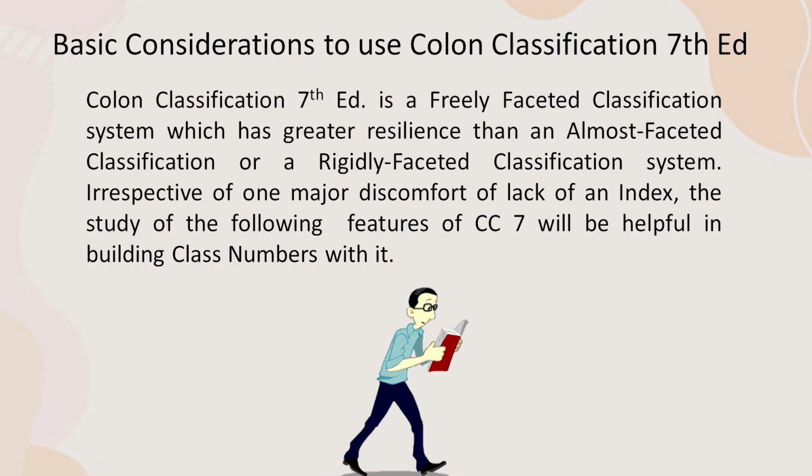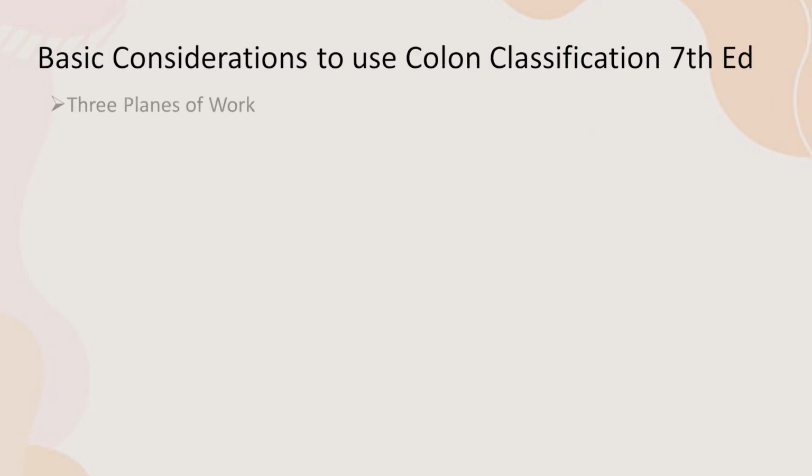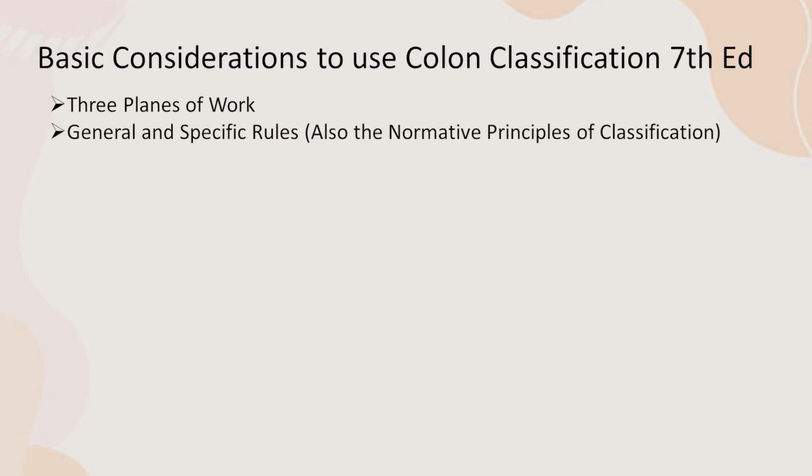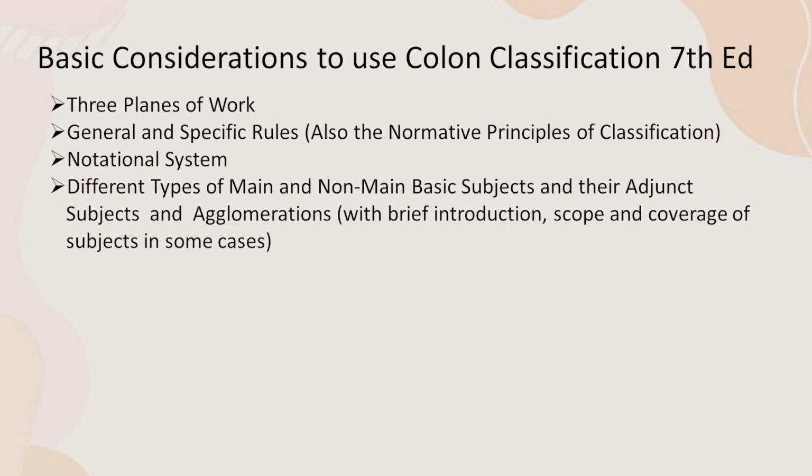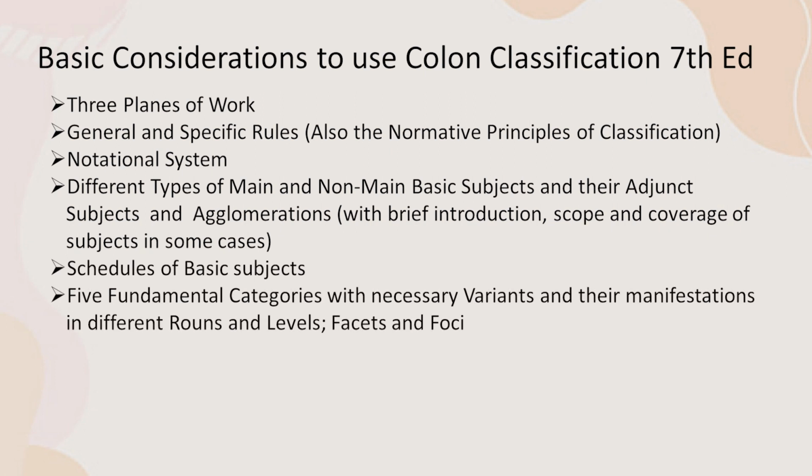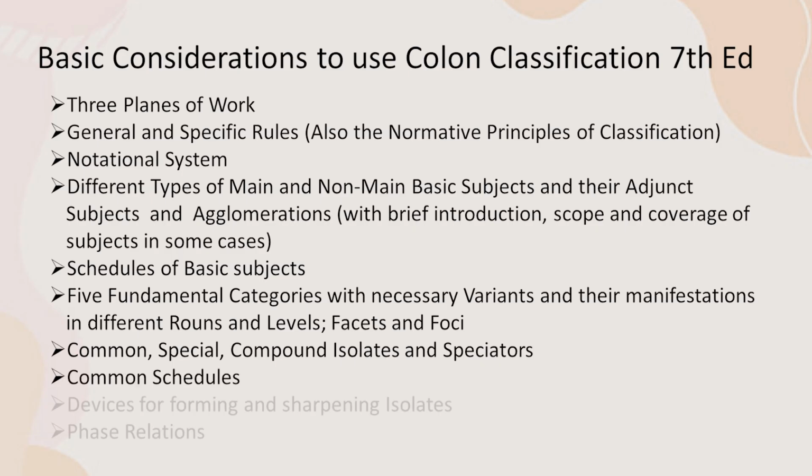will be helpful in building class numbers with it, such as 3 planes of work, general and specific rules, also the normative principles of classification, notational system, different types of main and non-main basic subjects and their adjunct subjects and agglomerations, with brief introduction, scope and coverage of those subjects in some cases, and schedules of basic subjects, 5 fundamental categories with necessary variants and their manifestations in different rounds and levels and facets and foci, common, special, compound isolates and speciators, common schedules, devices for forming and sharpening isolates, phase relations.